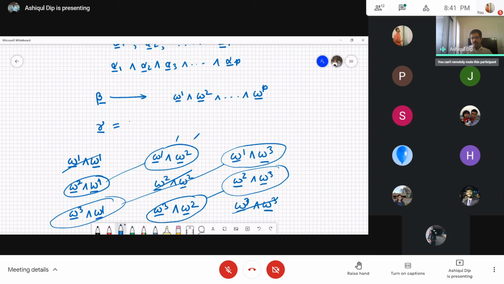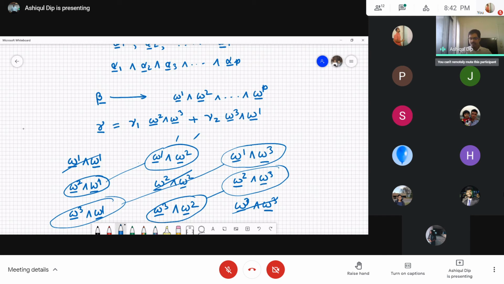So say gamma 1 omega 2 wedge omega 3, that's an independent one, right? That's non-zero, and we haven't written an equivalent of this yet. Plus say gamma 2 omega 3 wedge omega 1. So omega 2 wedge omega 3 and omega 3 wedge omega 1 are independent because you cannot derive one from the other.